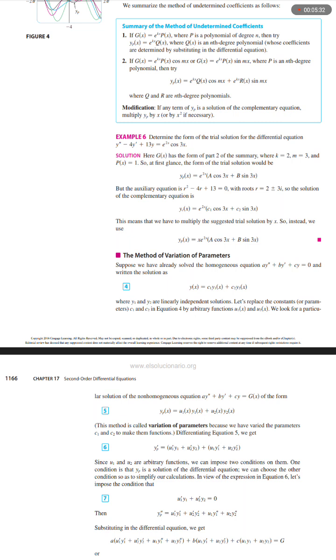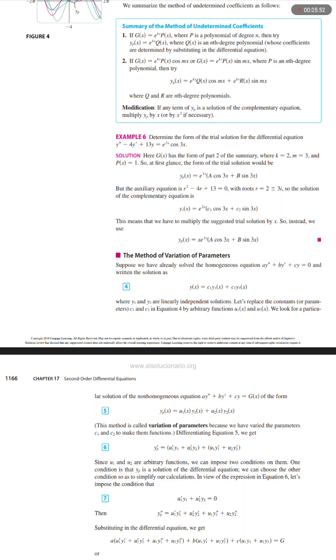So the solution of the complementary equation is y_c(x) = e^(2x)(c₁ cos 3x + c₂ sin 3x).